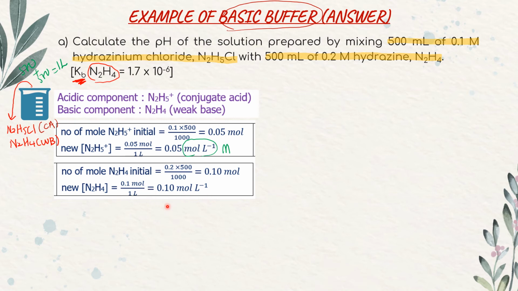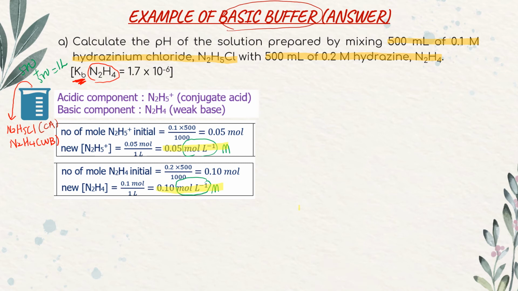So, 0.1 mole per liter. Atau, again, kita boleh juga tulis dia sebagai molar. Okay. So, nanti, for the calculation of the pH, concentration mana yang awak akan gunakan? You're going to use these two concentration, 0.05 molar dan juga 0.10 molar.